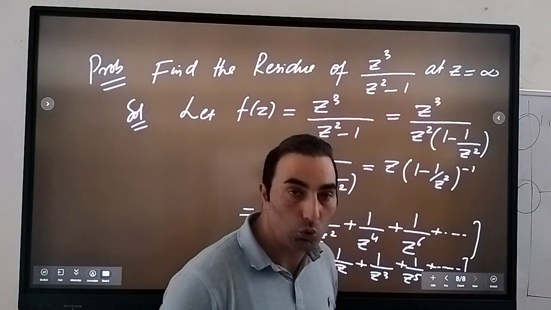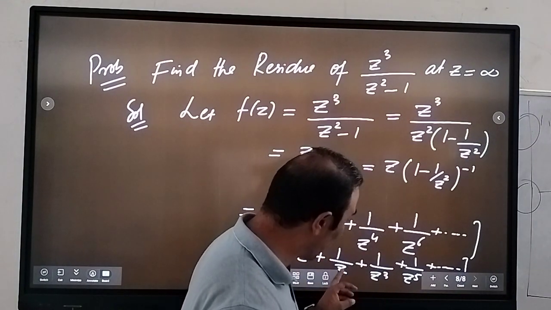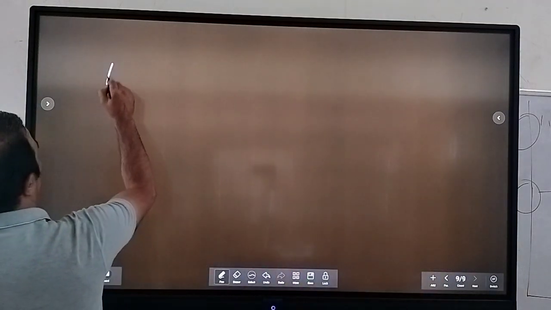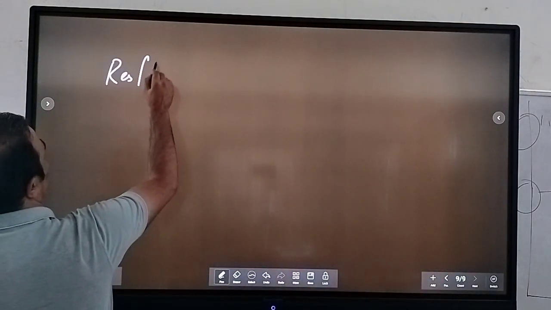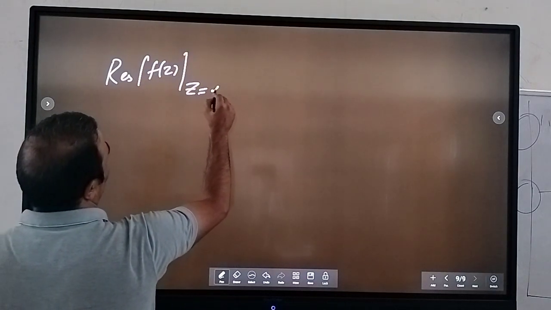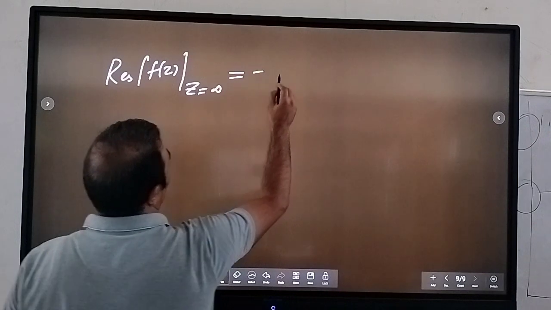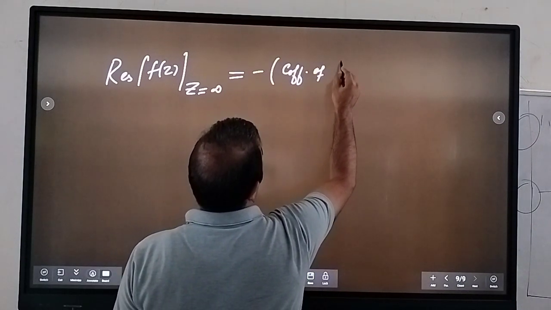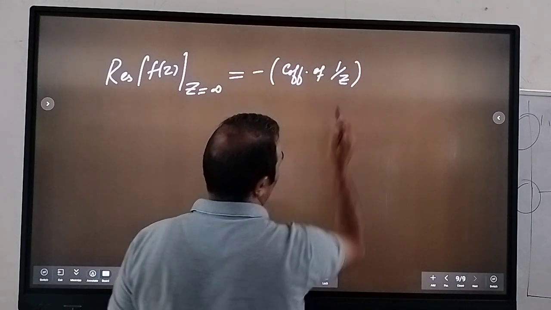Now the residue of this f of z at z equal to infinity is equal to minus times the coefficient of 1 by z, right?